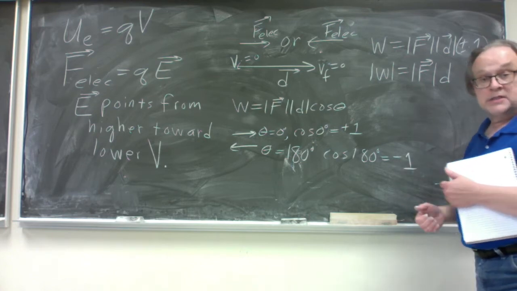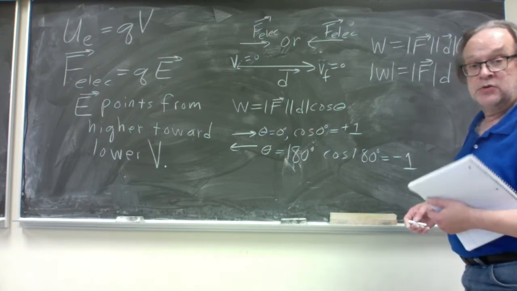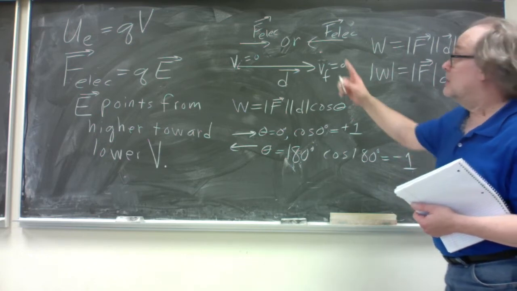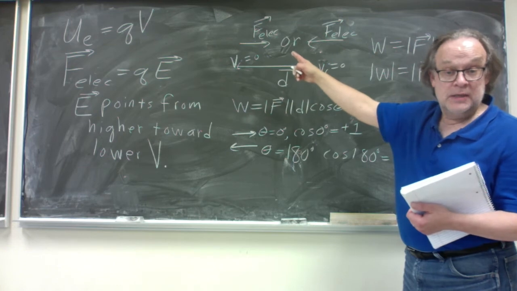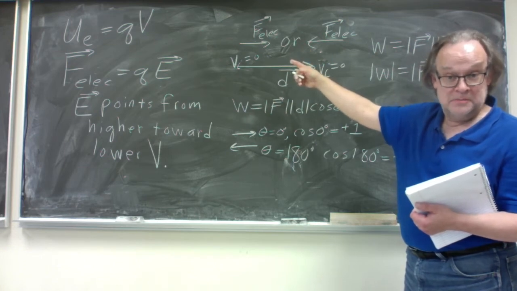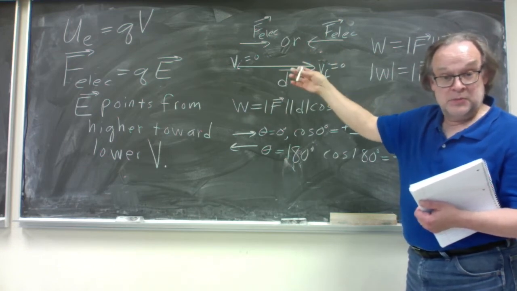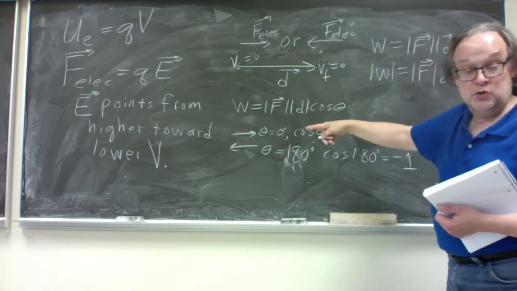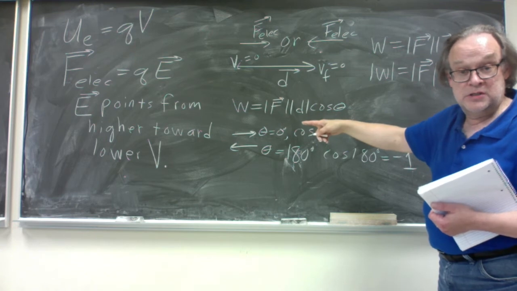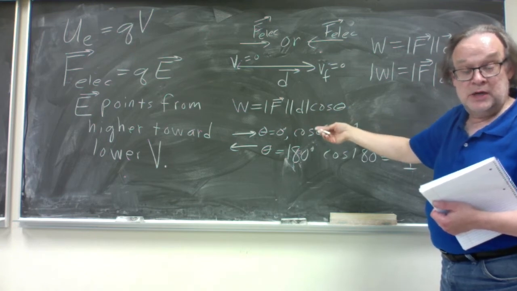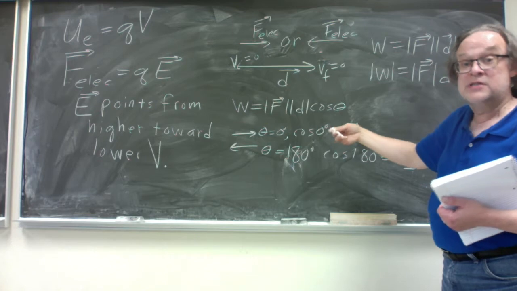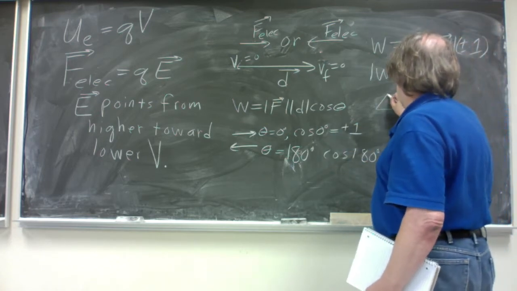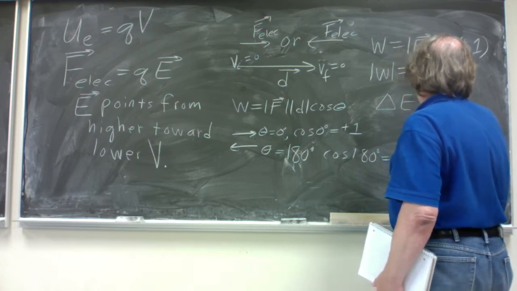Okay, now let's consider a case where this force is an external force. It comes from somewhere outside the system. And so there's work done by an external force, and that work done by the external force changes the energy of the system.